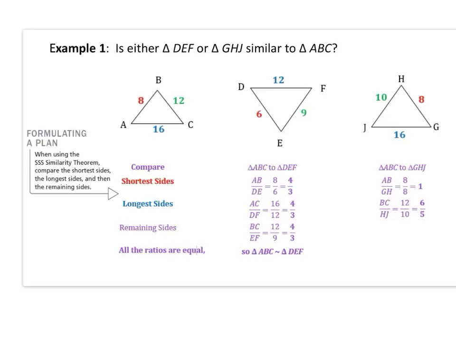My ratios do not match. And there's no reason to continue to get the third remaining side lengths compared, although it would be good practice to do it just to follow through, just to make sure you haven't made any mistakes. If not, you can conclude that the two triangles are not similar if the ratios are not equal.